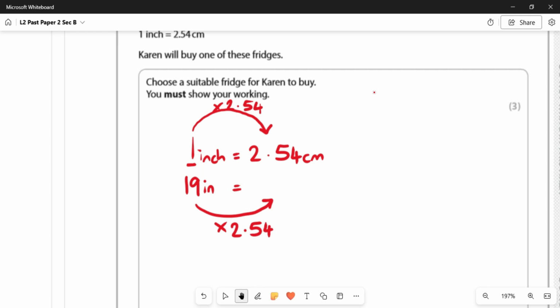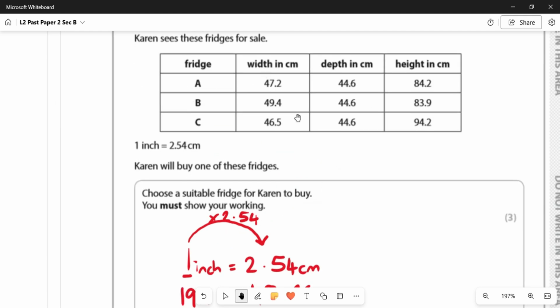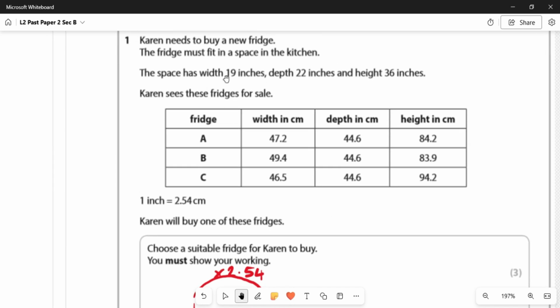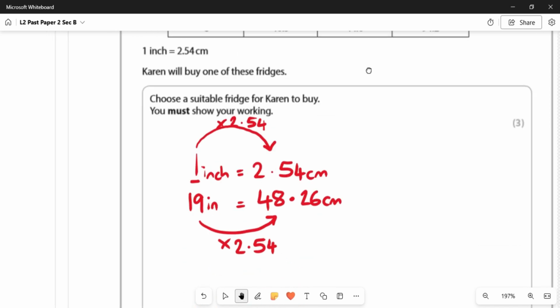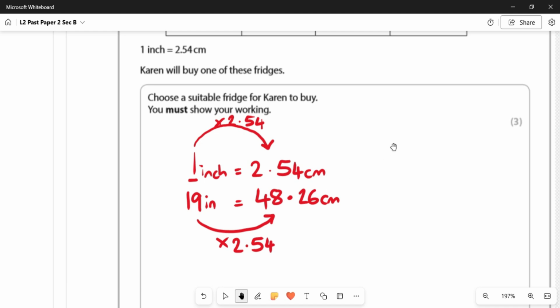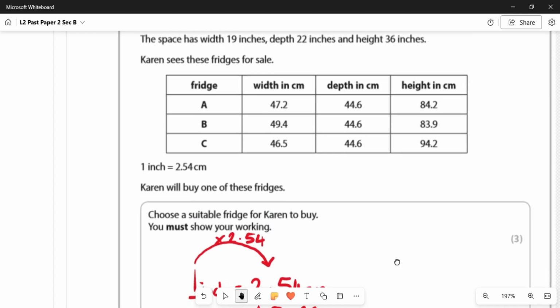So 19 times 2.54 as a decimal is 48.26 centimeters. Okay, so that was the width of the space. So W is 48.26. Okay, let's do the same for the depth.